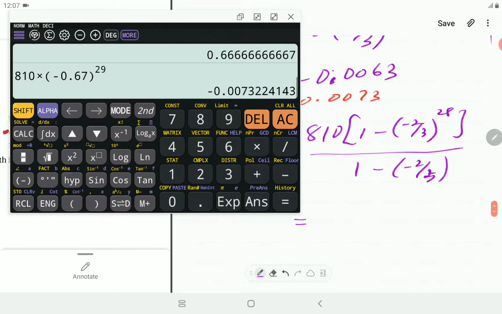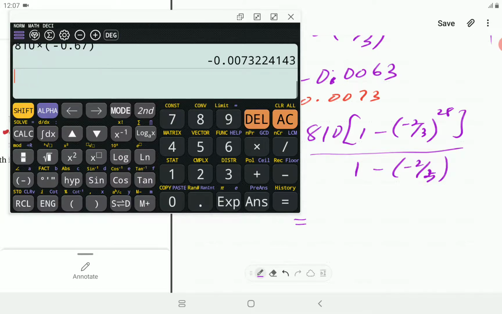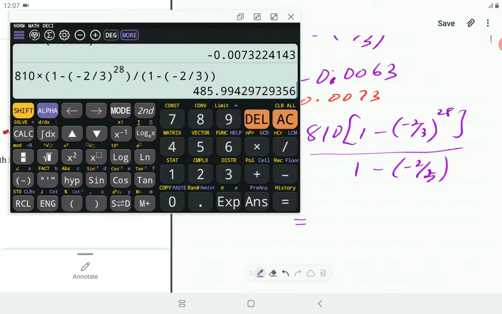So it's going to be 810 times open brackets 1 minus negative 2/3 raised to the power 28, and then this is all divided by open brackets 1 minus negative 2/3, and then there is our answer.